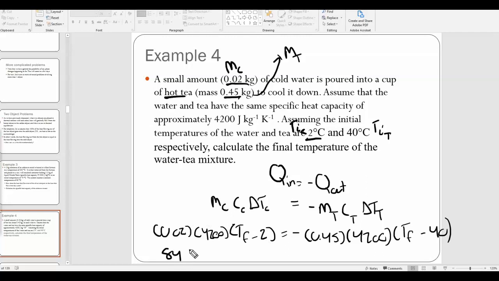Okay, so I'm just going to simplify this down a little bit. TF minus 2 equals negative, I'm going to do 0.45 times 4200, which is negative 1890, times TF minus 4. Okay, I'm going to distribute out on both sides, the left and the right.